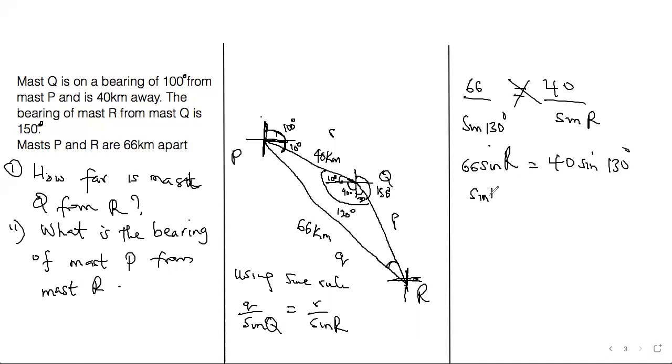So sine R will be 40 sine 130 degrees over 66.